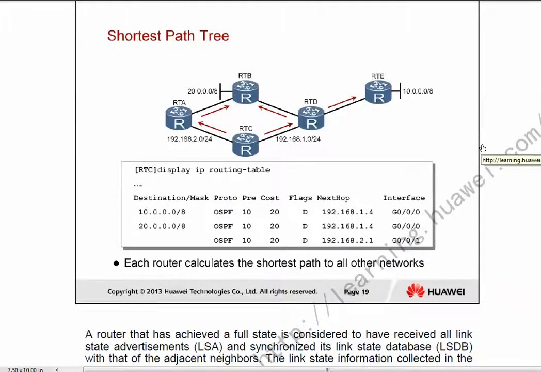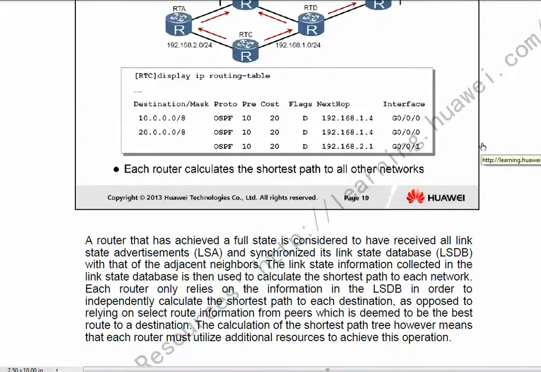Shortest path tree. A router that has achieved the full state is considered to have received all LSAs and synchronized its link state database, the LSDB, with that of its adjacent neighbors.